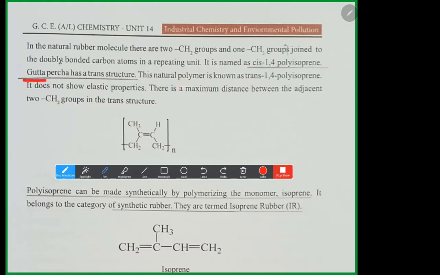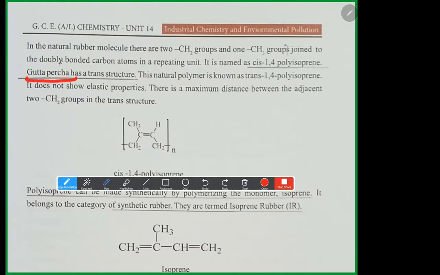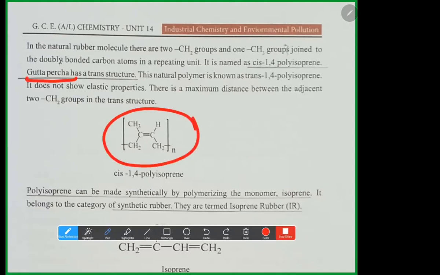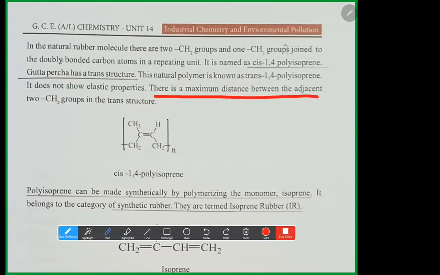That's again natural, but it has trans-1,4 polyisoprene. It does not show elastic property. Elastic properties come only with this cis-1,4. There is a maximum distance between the adjacent two CH3 groups in the trans structure.